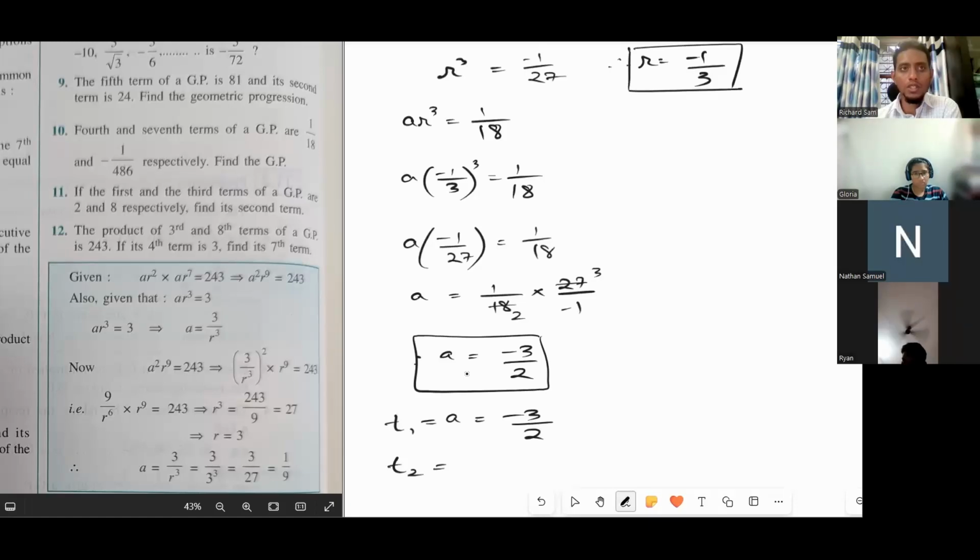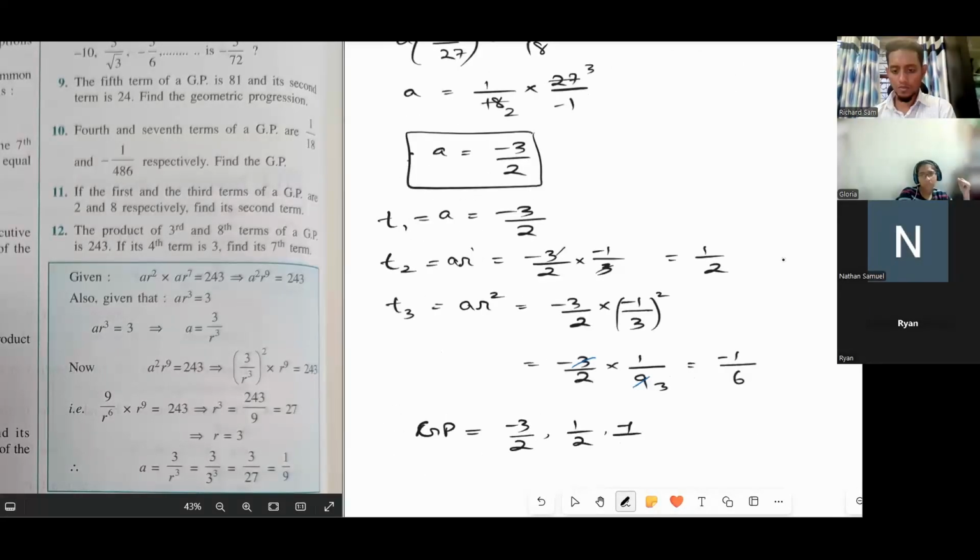R is minus 1 upon 3 only. Yeah, there's a cube, no? I mean, that's the equation. Any doubts? Which one? Minus 1 square becomes plus 1. There's a minus into plus. Yeah, but minus is still there. Only the number gets cut.